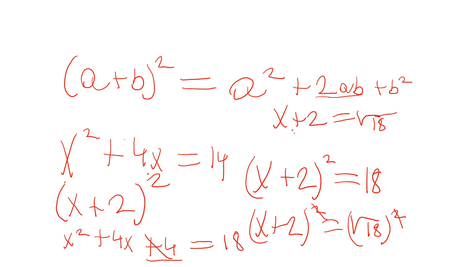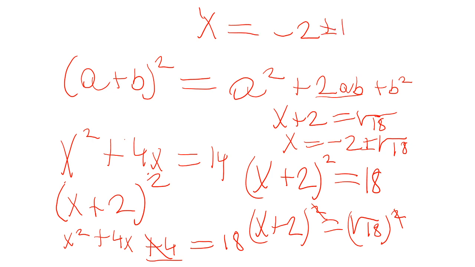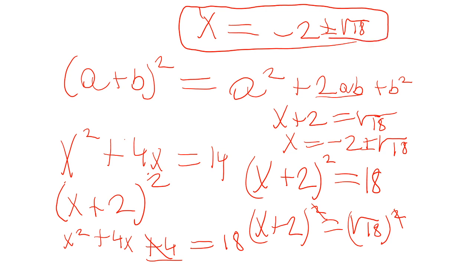To solve this, we bring the 2 over to the other side, so x equals negative 2, and then we have root 18. Since this is a quadratic equation, we're going to have a plus or minus, as we saw in our other units. So our two solutions are negative 2 plus root 18 and negative 2 minus root 18. That's our answer. That's how we complete the square to solve quadratic equations.